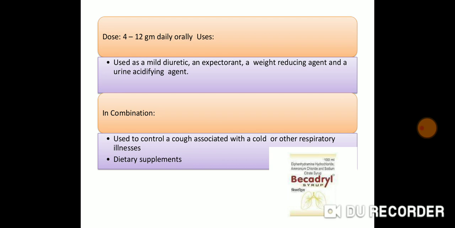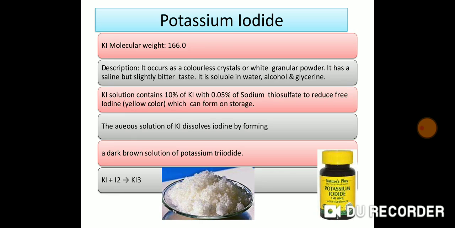In the diagram, we are showing Becadryl syrup, which contains diphenhydramine hydrochloride and ammonium chloride along with sodium citrate. This is a syrup formulation.